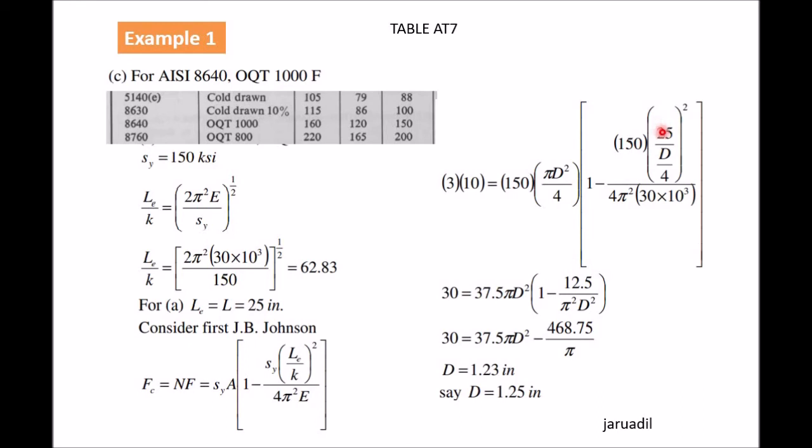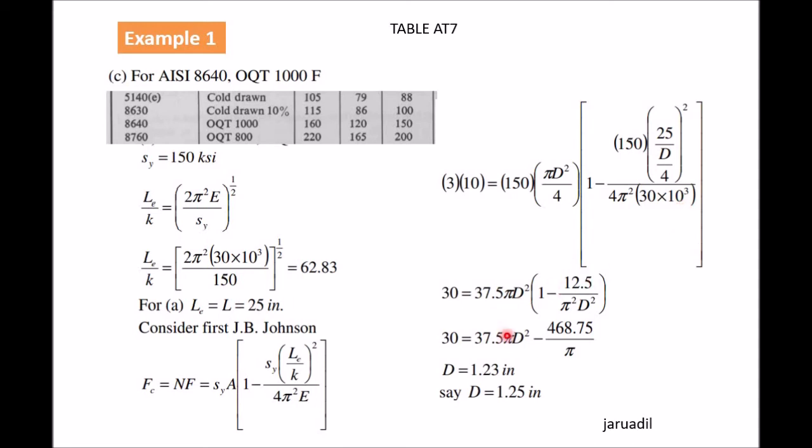L over K. L is equal to 25 kasi ang sinosolve natin yung for letter A. Just like letter A, 25 inch ang effective length. Then, the radius of gyration K is equal to D over 4. And E, 30 times 10 raised to 3 KSI.